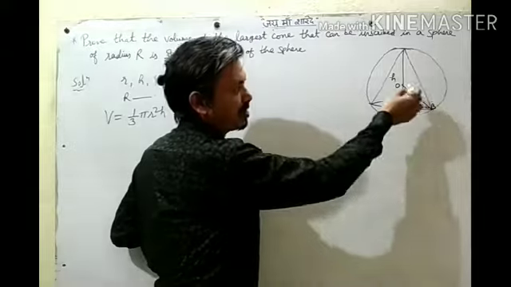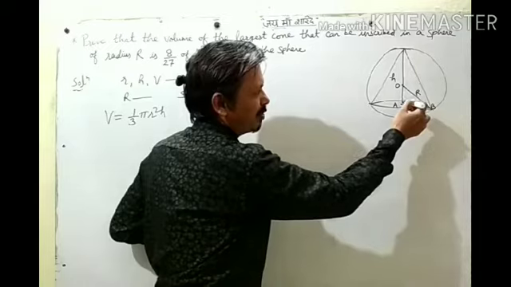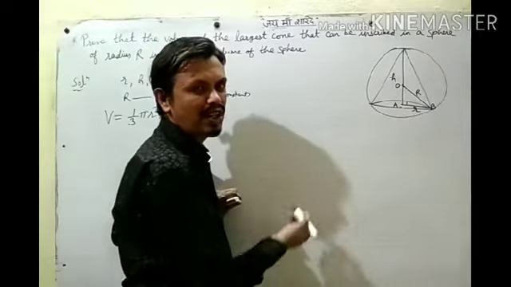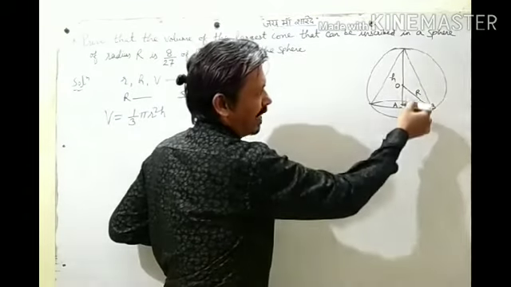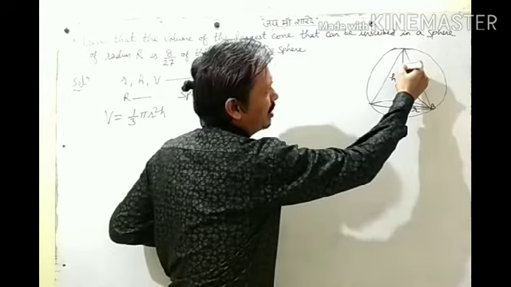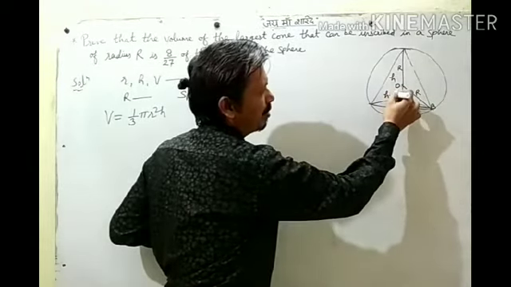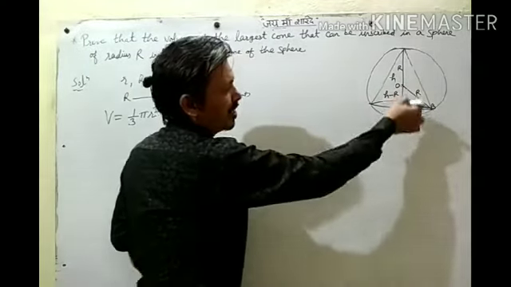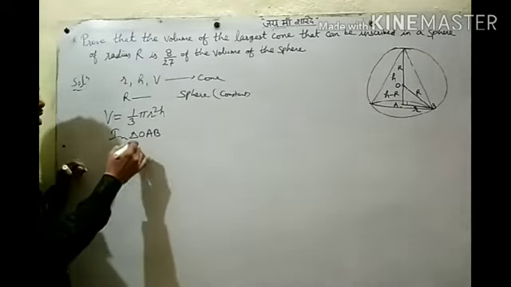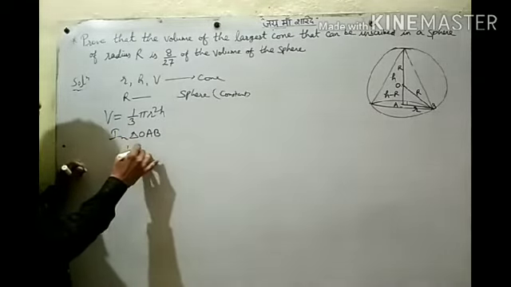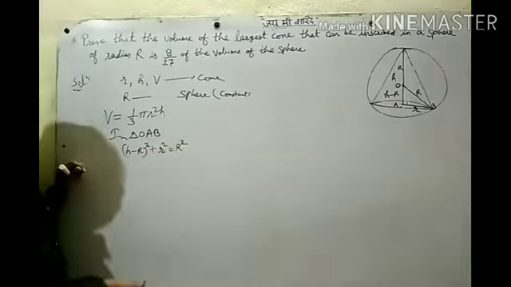Okay, so with the help of this, and one important thing, we have a right triangle. This is a right triangle, so we can apply the Pythagoras theorem. Wherever we have a right triangle, the Pythagoras theorem can be applicable. So this height is h and this will be radius r. So OA will be h minus R. So in this triangle OAB, (h minus R) square plus r square equal to R square.